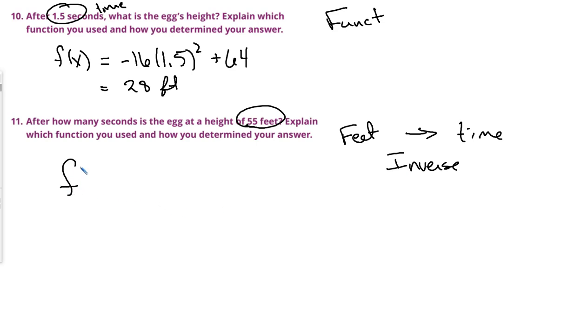So we're going to use the f negative 1 of x is equal to the square root of 64 minus x divided by a negative 16. Excuse me.